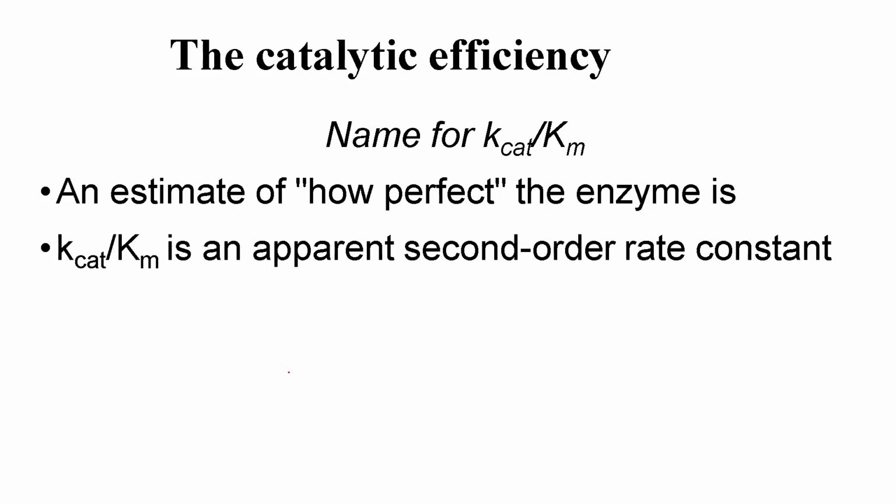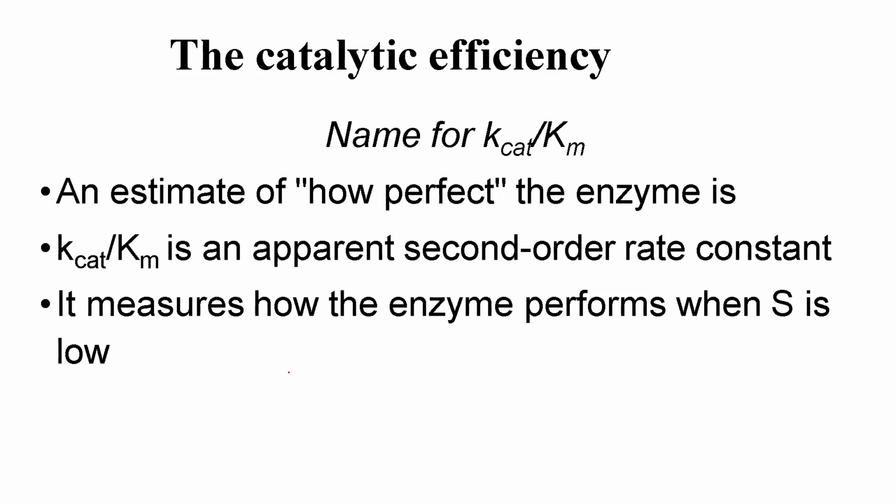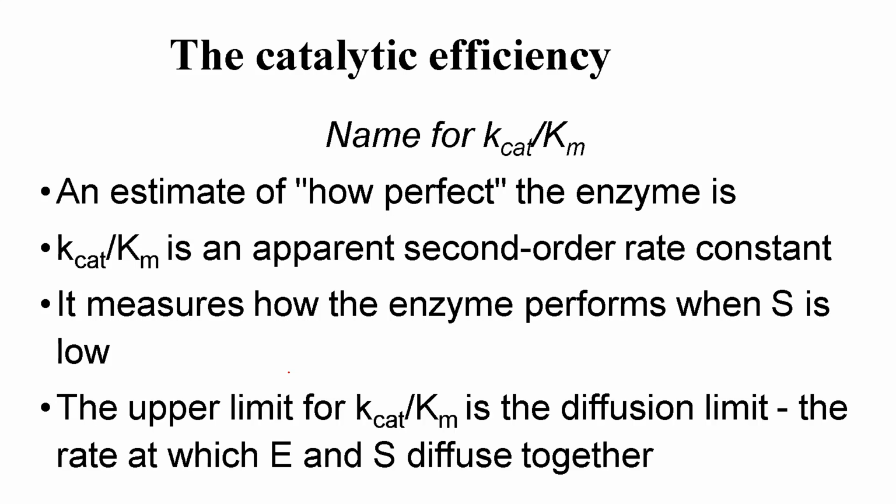So K cat over Km is an apparent second order rate constant, and we say it measures how the enzyme performs when substrate concentration is low. The upper limit for K cat over Km is the diffusion limit, the rate at which E and S diffuse together. So it shows us how perfect the enzyme is.